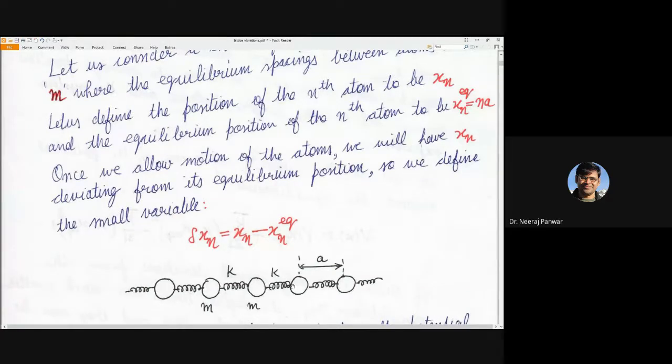For example, the 5th atom will interact with the 6th atom and with the 4th atom. This is just for making things simpler. If we consider the interaction of any atom with the nearest neighbor or next-to-next nearest neighbor also, the result would remain more or less the same.